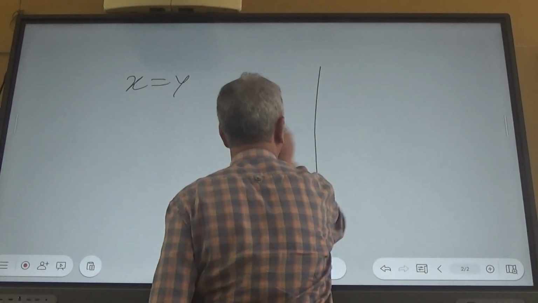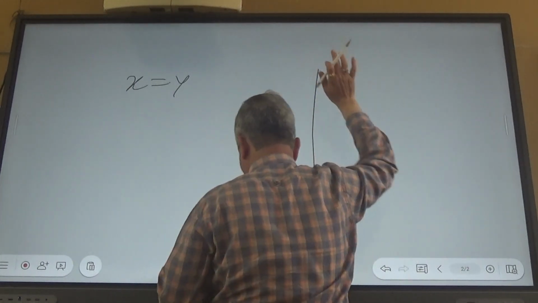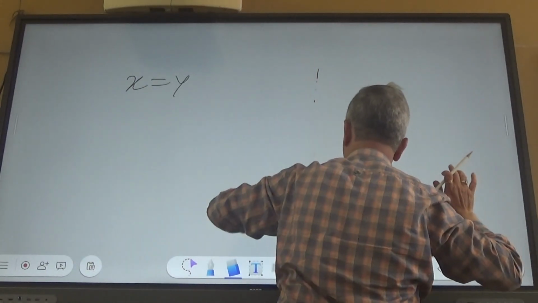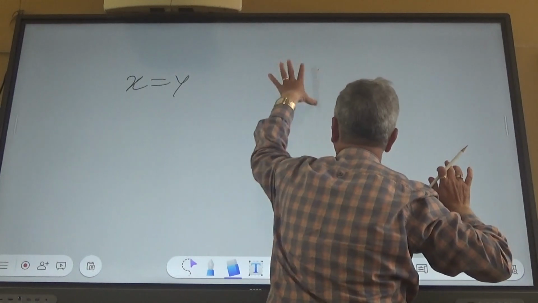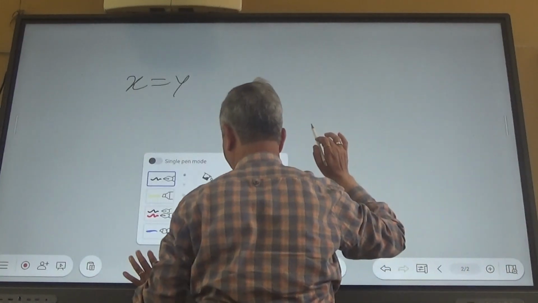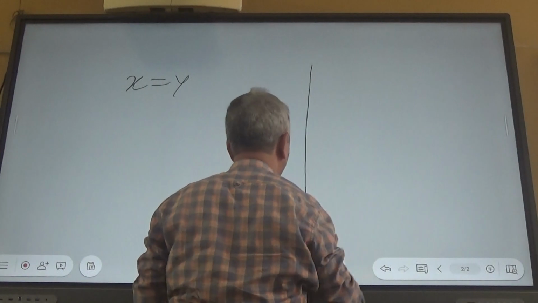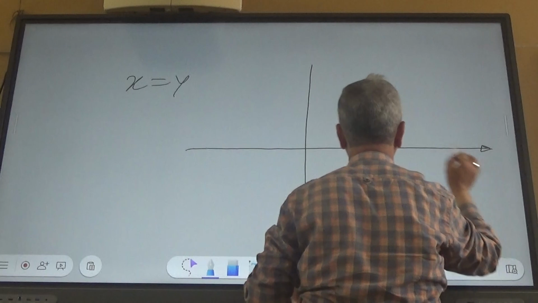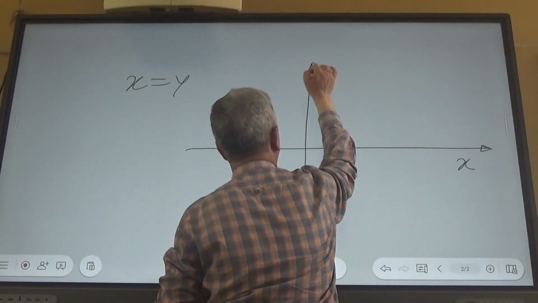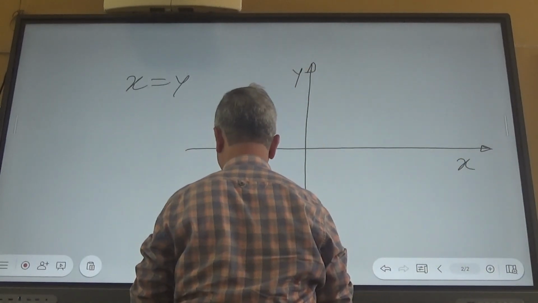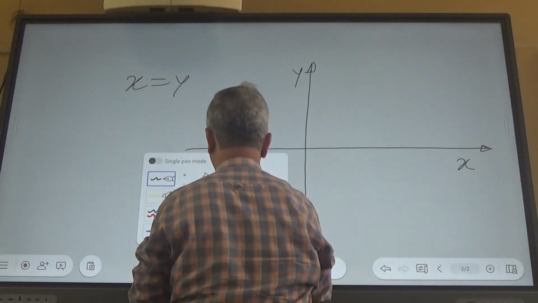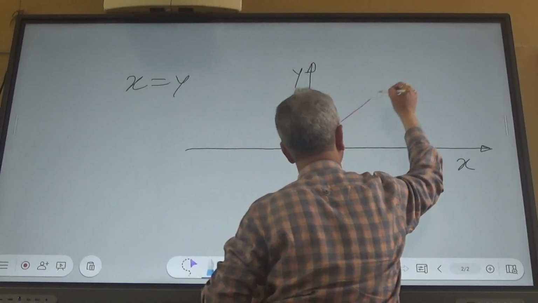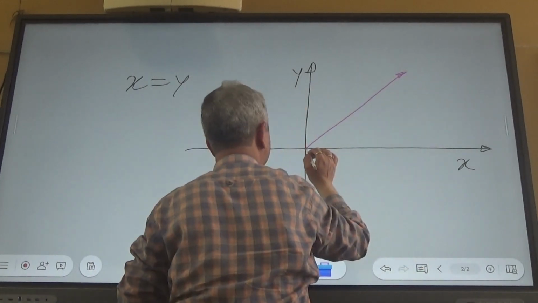Then you will say, oh, why are you asking such simple questions as if you are in high school? Is it that you want to kill time? But very soon you will find that this question is not asked just as it is; it has some meaning. Now everybody says that x equal to y represents this line, right?